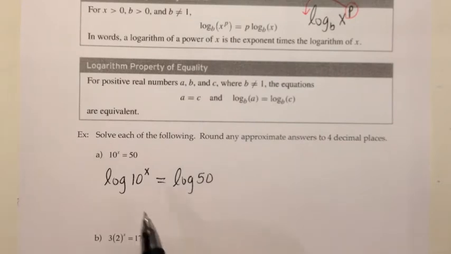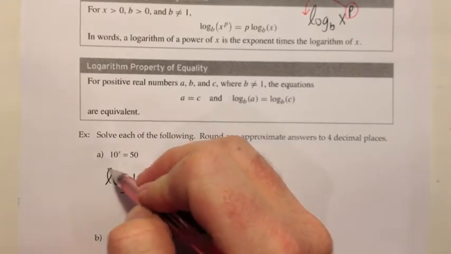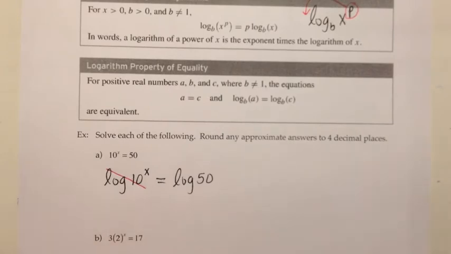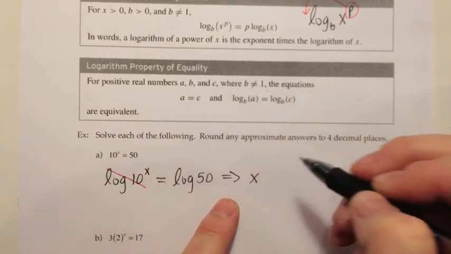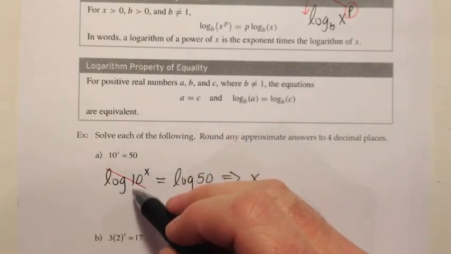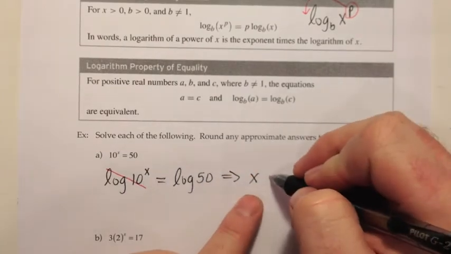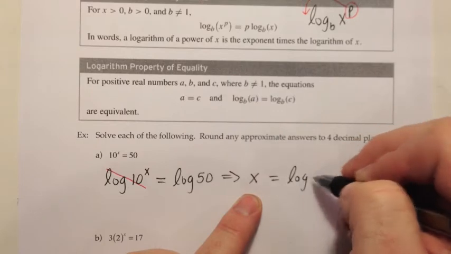So I'm going to just take the common log or log base 10 of both sides. And then logs and exponential functions are inverses. So we don't have to write the base here, but it is a 10. And when the base of the log and the base of the exponential inside match, they cancel out. So the log base 10 and the 10 just cancel, and the x would be all that's left over. So that gives us x only, because the log base 10 and the 10 cancel, just leaving the exponent, is equal to the log of 50.